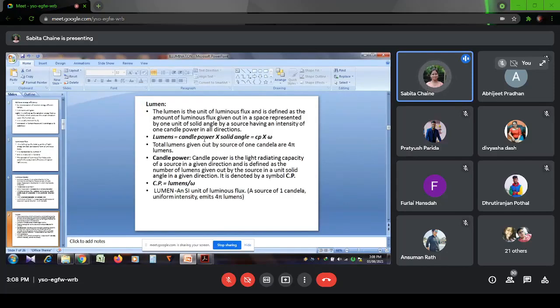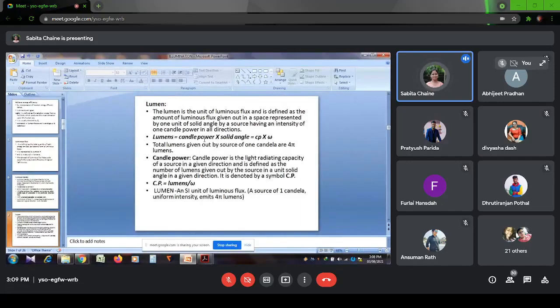So the solid angle is defined by omega equals area divided by radius square. In place of area, you can write 4 pi r square, which is divided by r square. So omega will be 4 pi steradian.